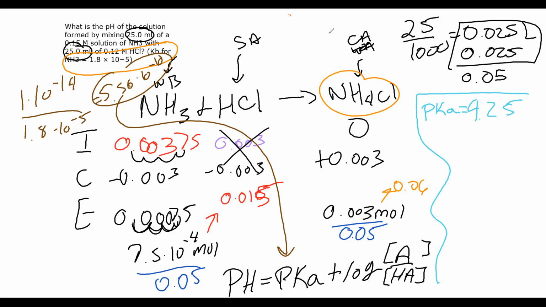So we're going to have 9.25 plus the log of what? A. What's A going to stand for? We just converted it to Ka. That's what the brown thing was for.